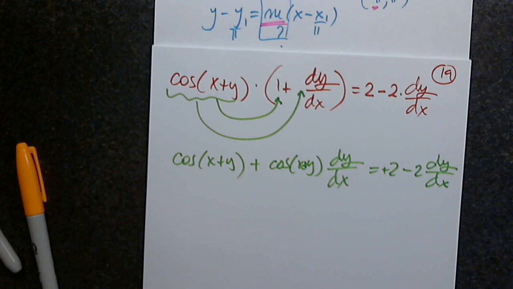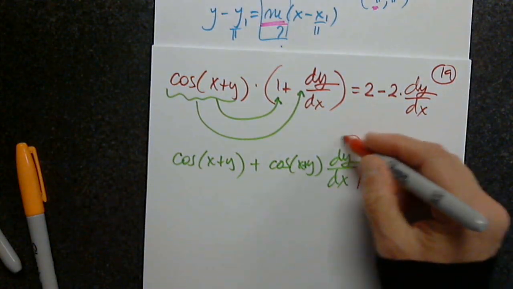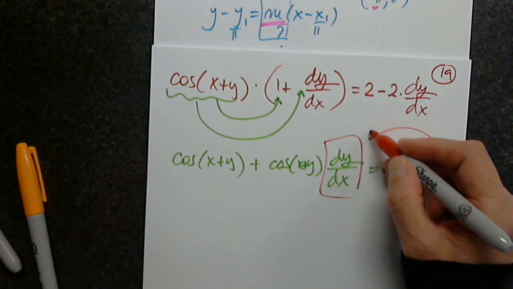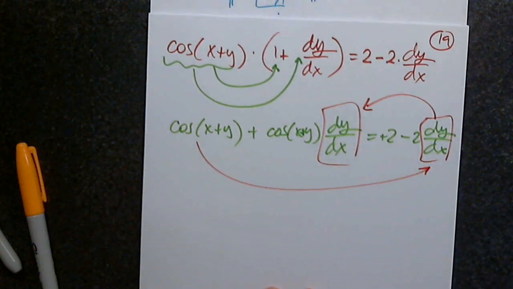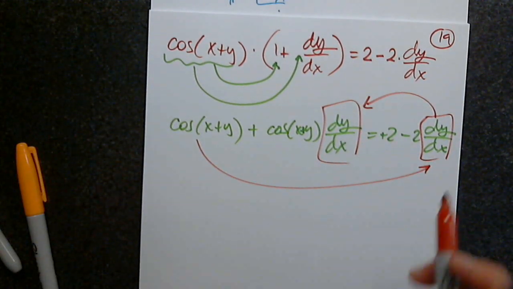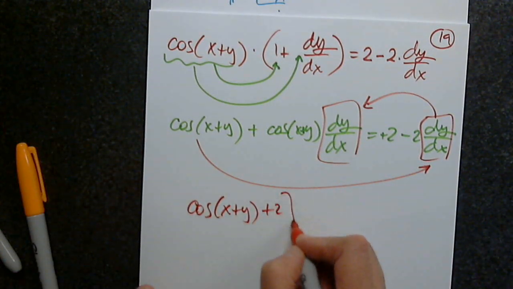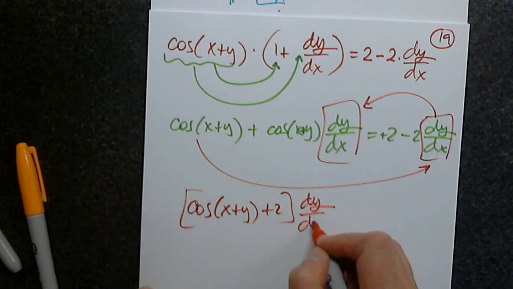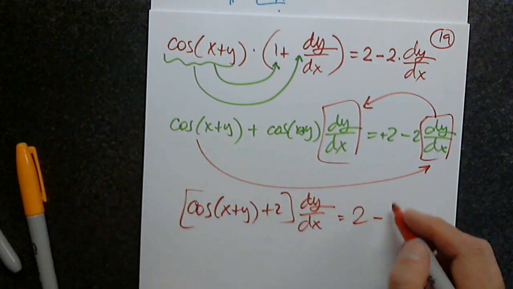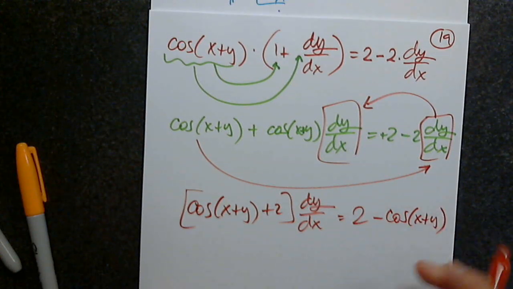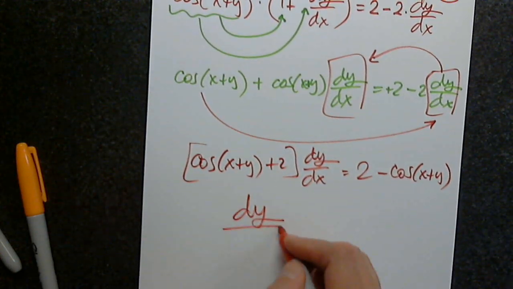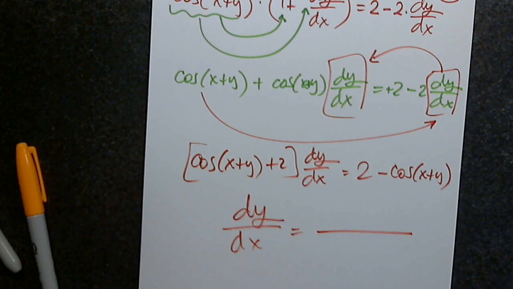Now I see two terms having dy over dx. So I'm going to move this term here and this term there, and factor out dy over dx. So cosine of x plus y plus 2, times dy over dx, equals 2 minus cosine of x plus y. And now I can find the final expression for dy over dx, and then plug in pi.